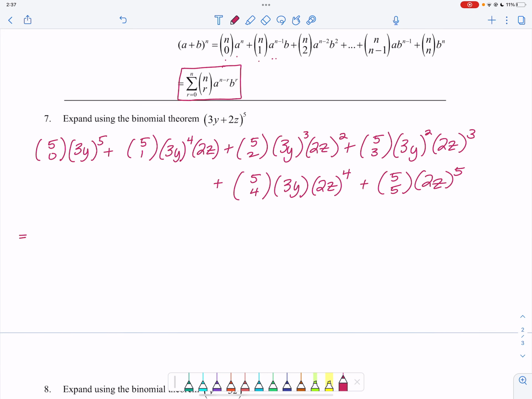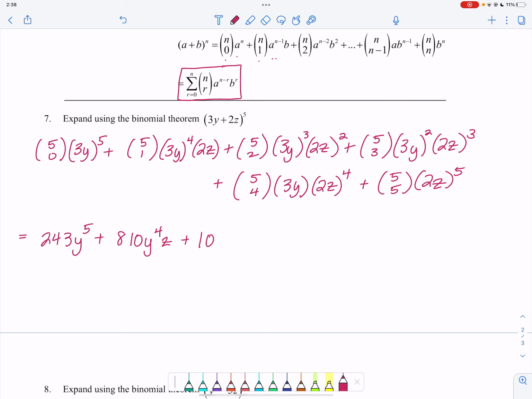So now you can see that 5 choose 0 is 1. And 3 to the fifth power is 243, y to the fifth. And then we'll have 3 to the fourth times 2 times 5 choose 1. And you can figure that out with your calculator, or you can do them by hand.